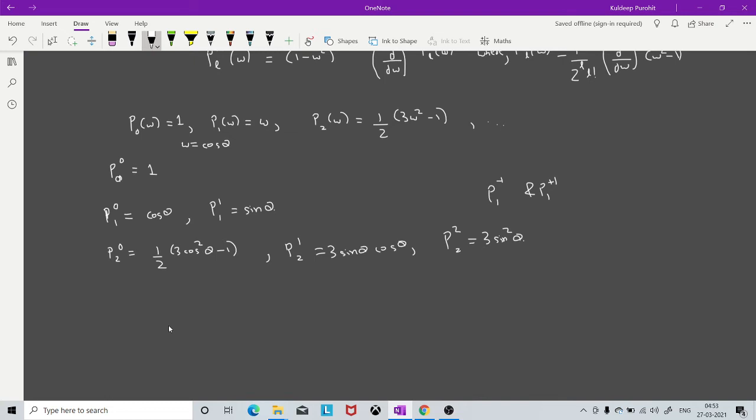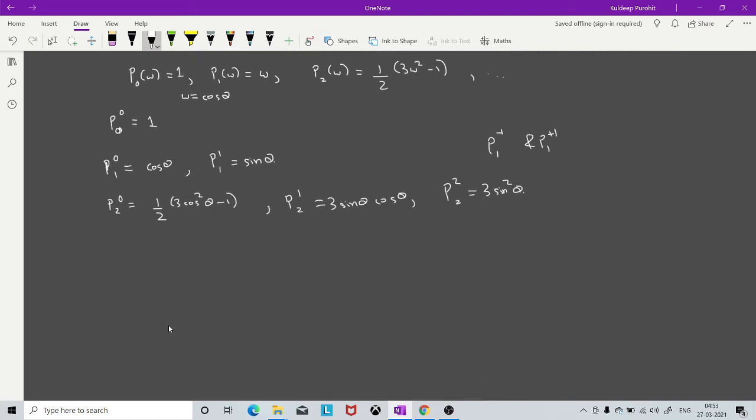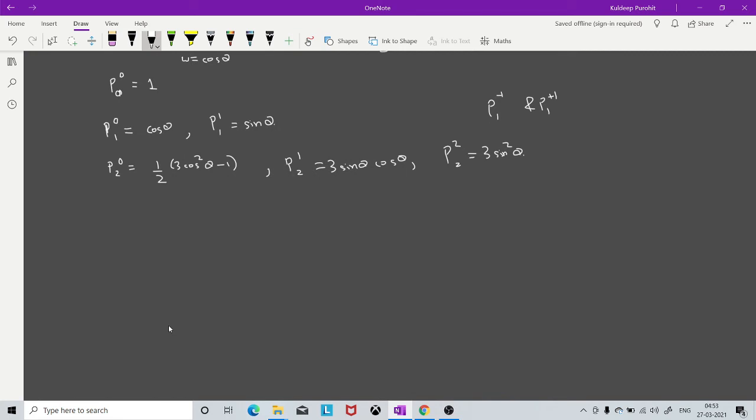So this is how the values of associated Legendre polynomials are calculated. And now let us see the orthonormality relations for associated Legendre polynomials.